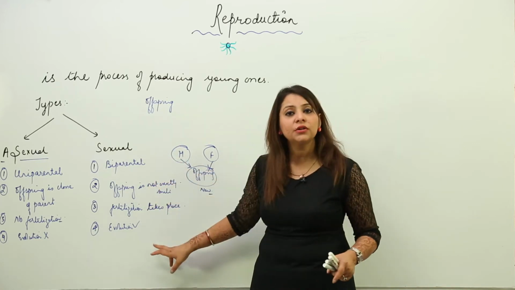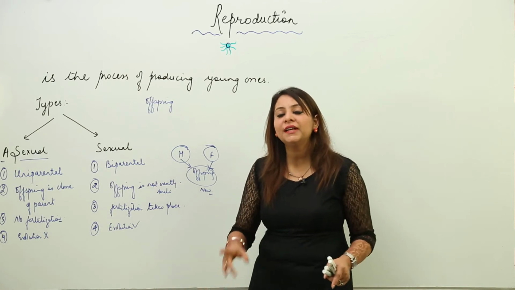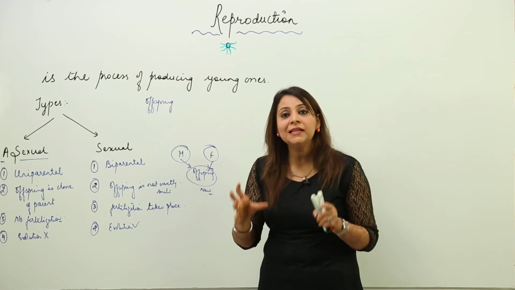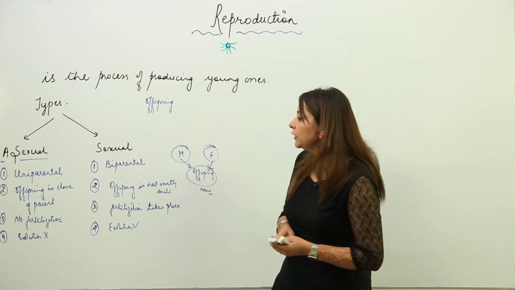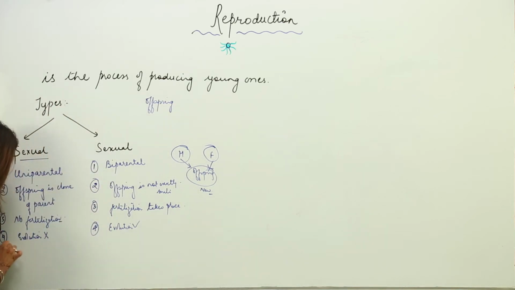So sexual reproduction leads to evolution, but in asexual reproduction it has no contribution, as the offspring produced is exactly similar to the parent, so no evolution is there. In asexual reproduction, cell division occurs by binary fission, multiple fission. There are certain methods.